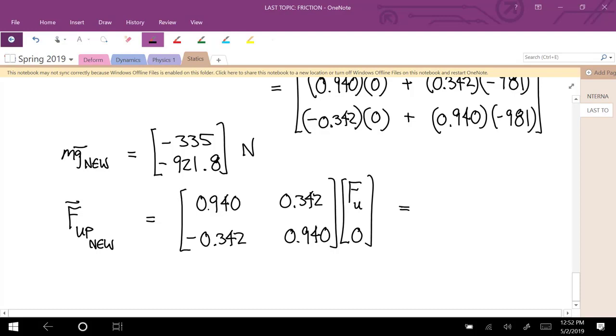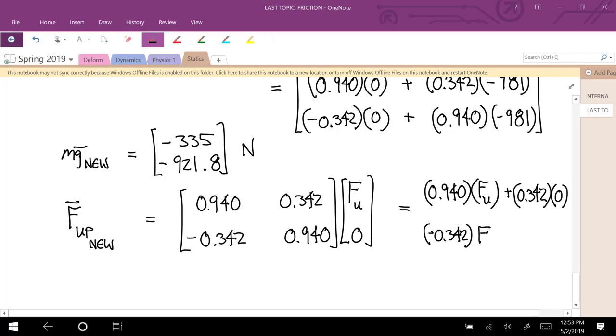And that comes out to be 0.940 times Fu plus 0.342 times 0, and then negative 0.342 times Fu plus 0.940 times 0.